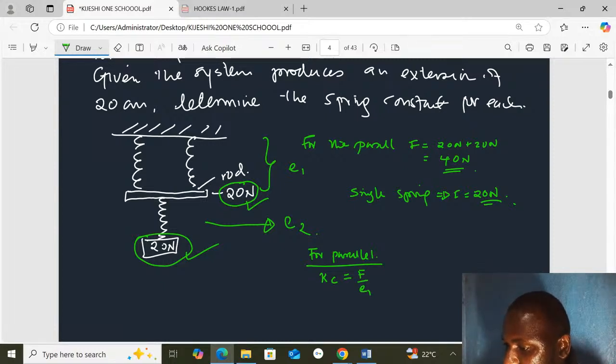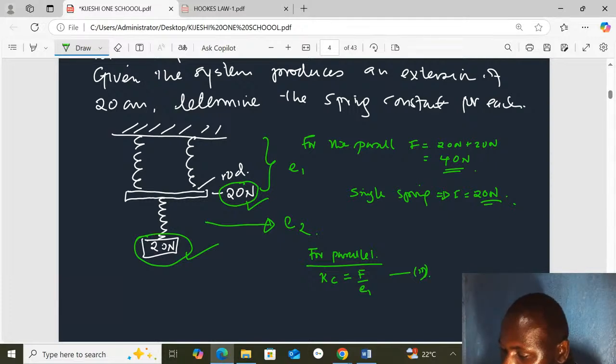Therefore, in this case, our force here, you can call this one equation 1.